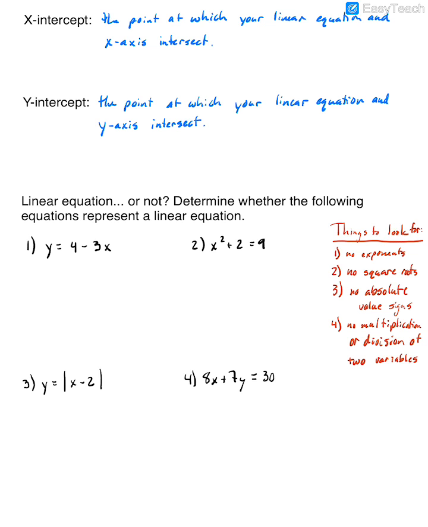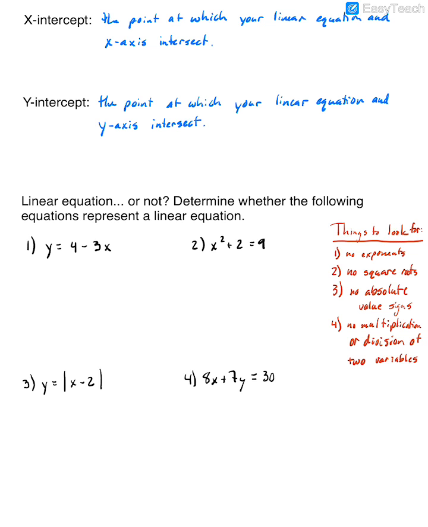Some of them we'll talk about later down the road, but for right now we're just talking about straight line equations. So if they have any of these, that means it's a no. Okay, if they don't have any of these things, then you can say that it is a linear equation because it passes all these tests.